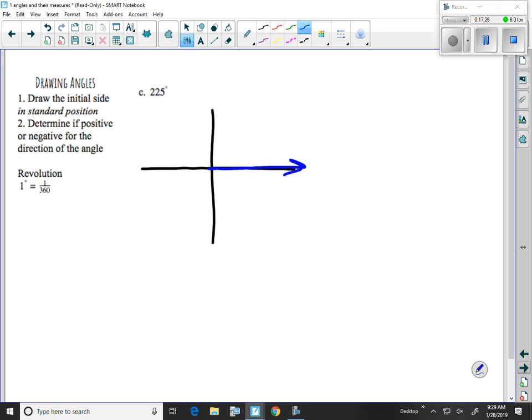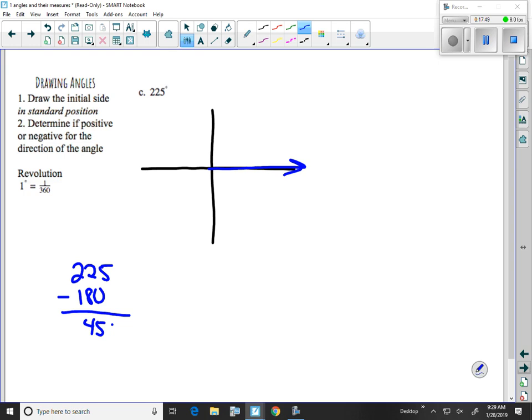Yeah. Okay, so let's assume that we start here and go 180. So 225 minus 180, is that 45? Yeah. Okay, so I'm going to go 180 plus another 45.